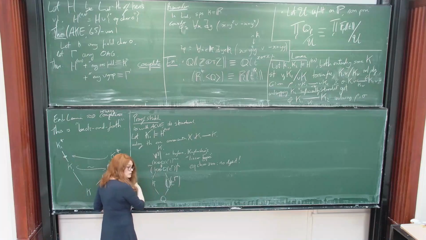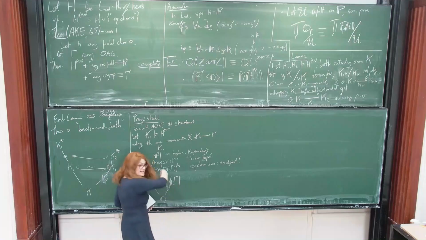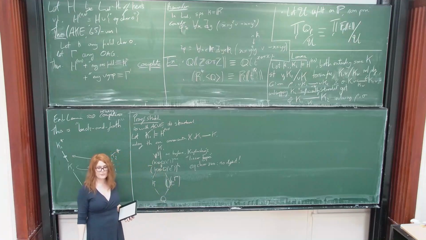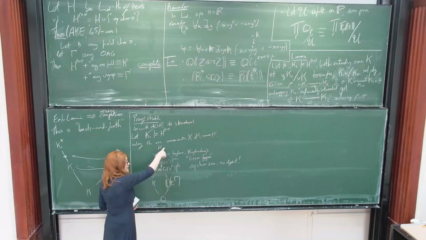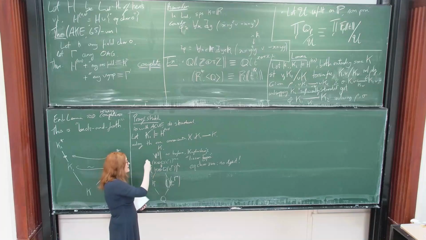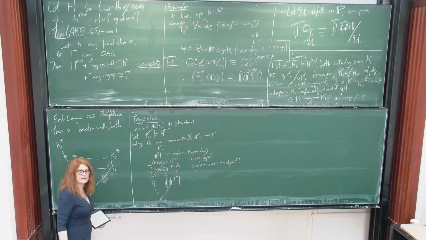Because I've put all the residue field here, all the value group here, so there's nothing left to do in terms of value group and residue field extensions. So even by the time we get to the tensor product, everything else is immediate over that. So now it's just about the structure of immediate extensions in equal characteristic 0, which are basically always nice. So that's kind of my picture that I like to draw for this argument.